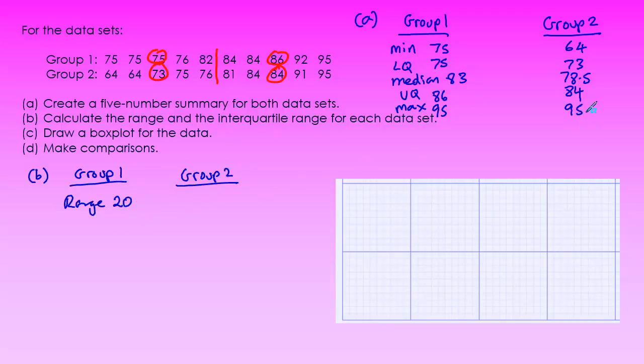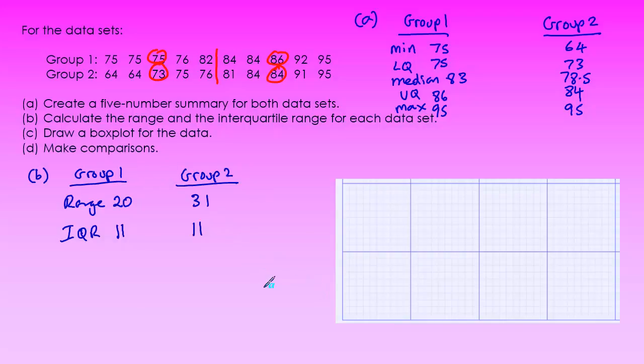And here 95 take away 64, so that's 31. And the interquartile range is the upper quartile take away the lower quartile, which is 11 for group 1. And here 84 take away 73, that is also 11.